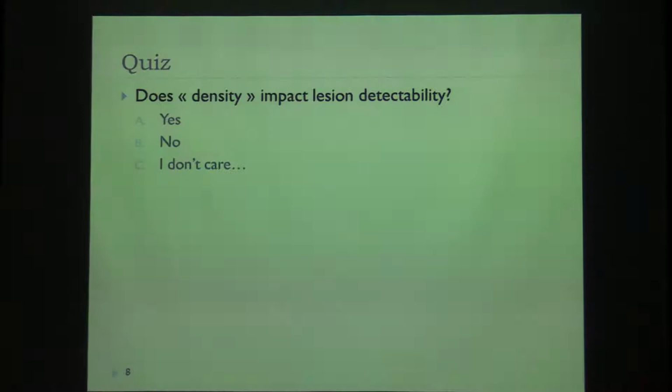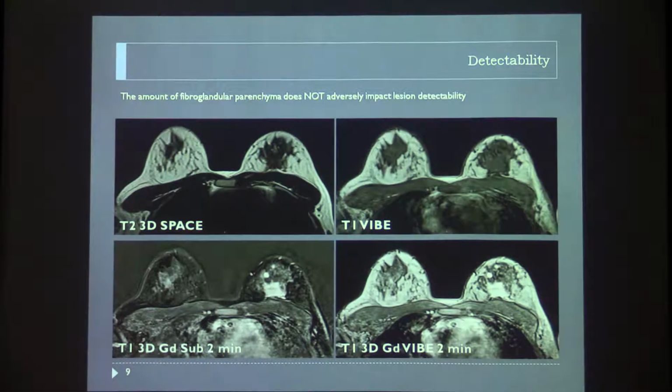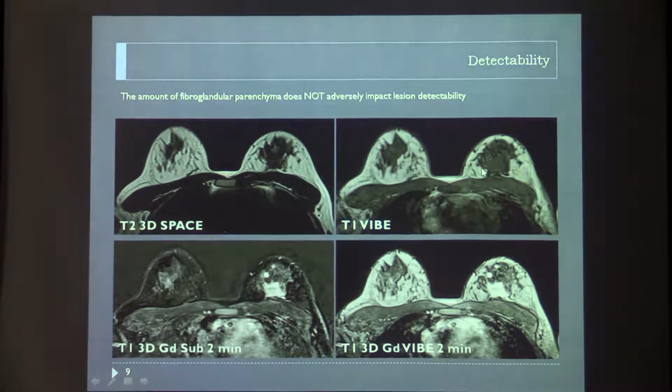So in the last version of the BI-RADS, they say, based on different papers, that no, actually the amount of fibroglandular parenchyma does not adversely impact the lesion detectability. Because here you have, for example, a heterogeneous type C fibroglandular tissue, and you can really well see the tumor here with a different extension here.